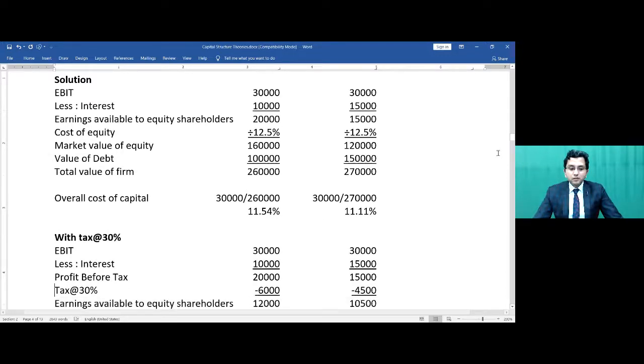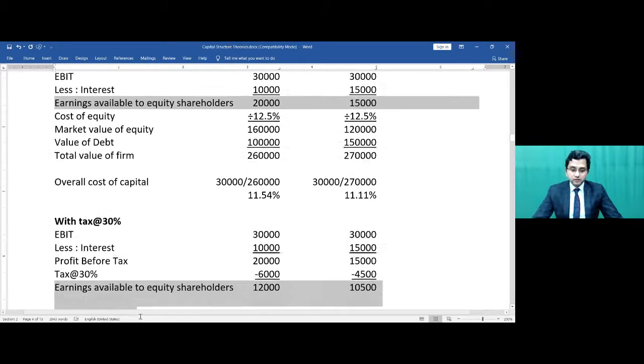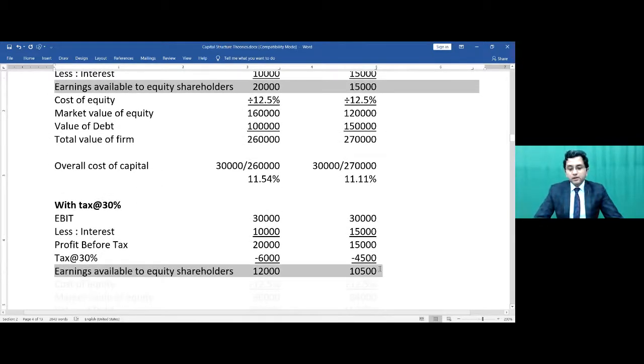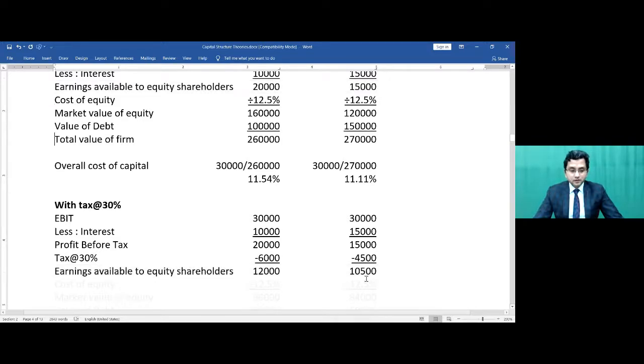Therefore, when we were doing it without tax, earning available to equity shareholders was 20,000 and 15,000. But if I do it with tax, observe the change. Earning available is not 20,000, it is 12,000 for the first option, and it is not 15,000 for option 2, it is 10,500.